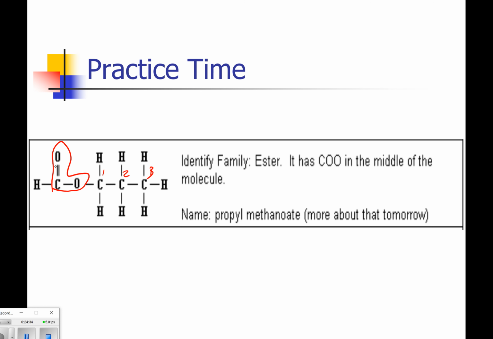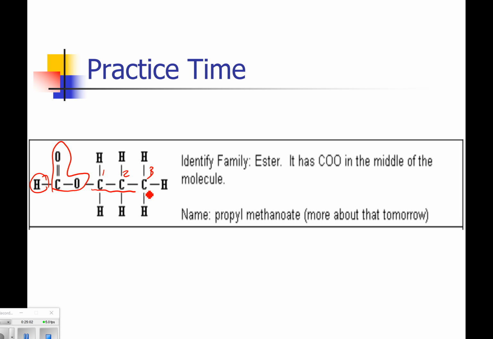If this was flipped, it would be different, but this carbon is only connected to the one hydrogen there, which is going to make this the middle of the molecule. It looks like the end, which is why this confused me. So this would be the carbonyl group in the middle of the molecule, which would be an ester. So this is propyl methanoate, and we'll learn in our next lesson how to name that.